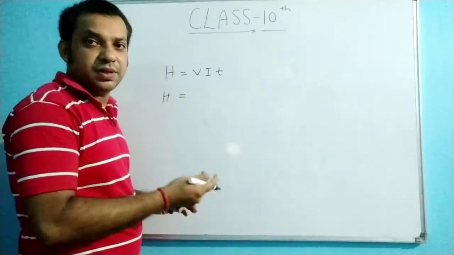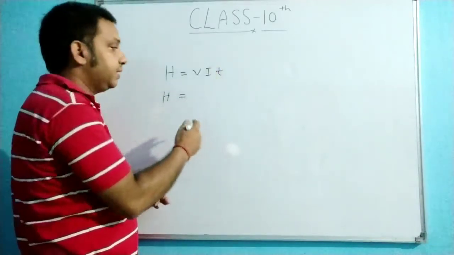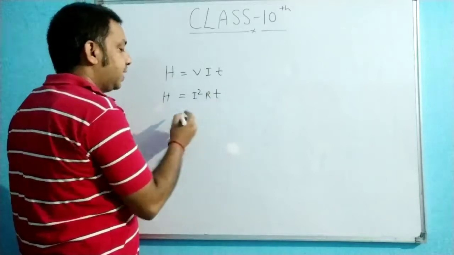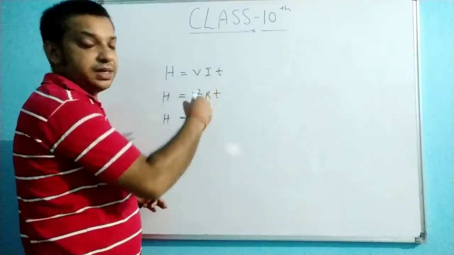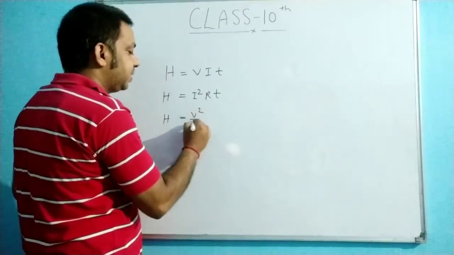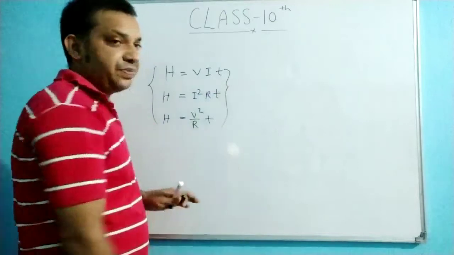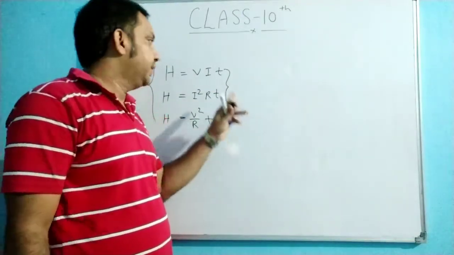If you apply Ohm's law and convert V into IR, or I is equal to V by R, then you will get H = I square R t. And if in place of I you use V by R, then you will get H = V square by R into t. So these are three formulas for the heat generated through any resistor in time t.